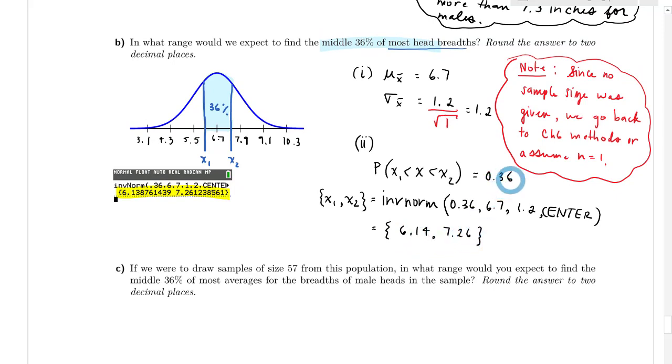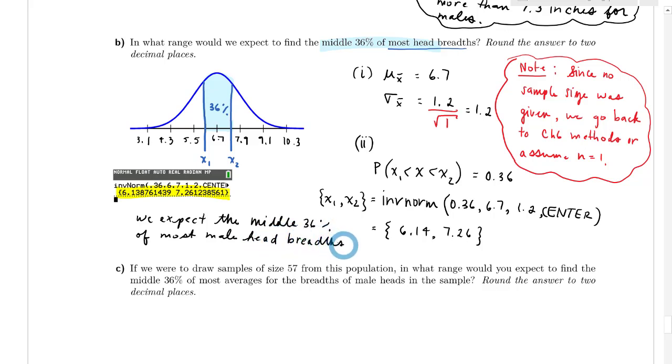So we could say something like, we expect the middle 36% of most head breadths, male head breadths, to be between 6.14 and 7.26 inches.